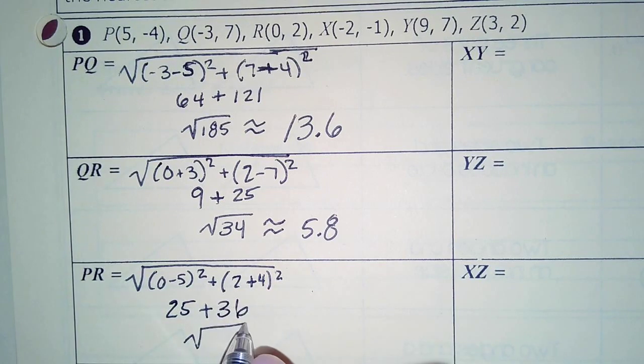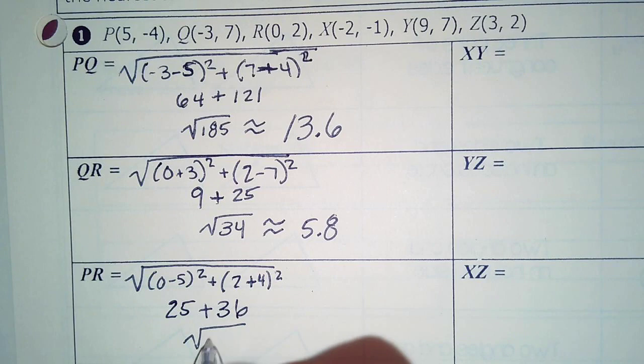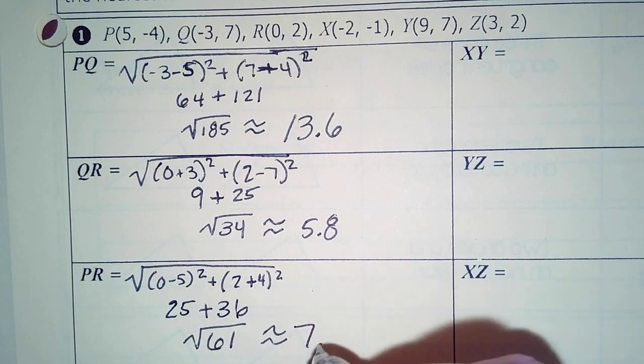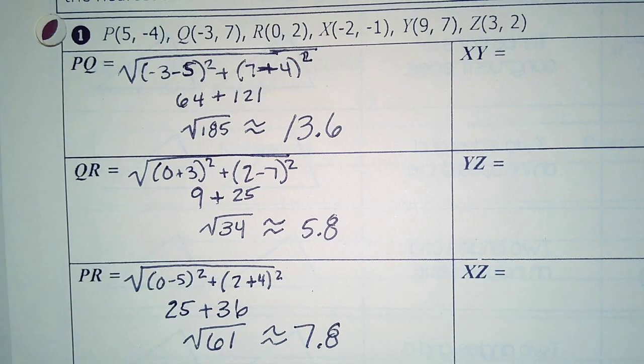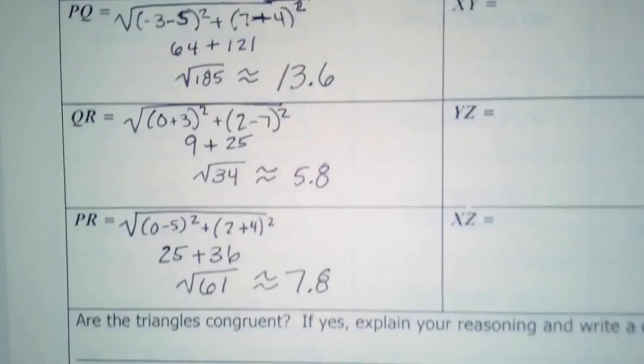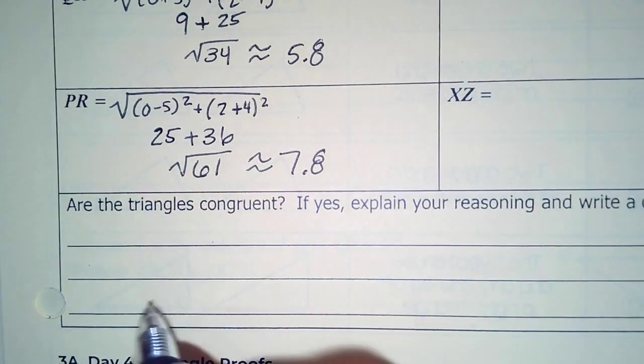So that is square root of 61. That approximates to 7.8. So if I was just asking you to classify this triangle by its sides, what kind of triangle would it be? Scalene.